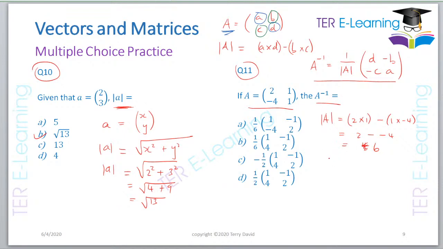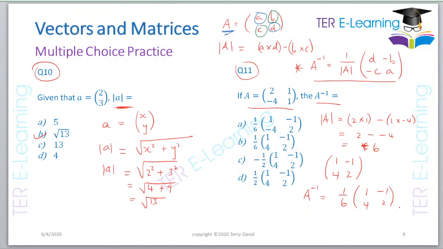The adjoint of the matrix, right? We need to make some changes to it. So you're going to swap the positions of A and D. Therefore, you're going to put 1 here and you're going to put 2 here. You're going to put a minus sign in front of this. When you put a minus sign in front of the minus 4, this becomes 4. So therefore, my inverse matrix, according to what I gave you up here, is 1 over my determinant. So it's 1 over 6 multiplied by the adjoint of the matrix, which will be 1 minus 1, 4, 2.